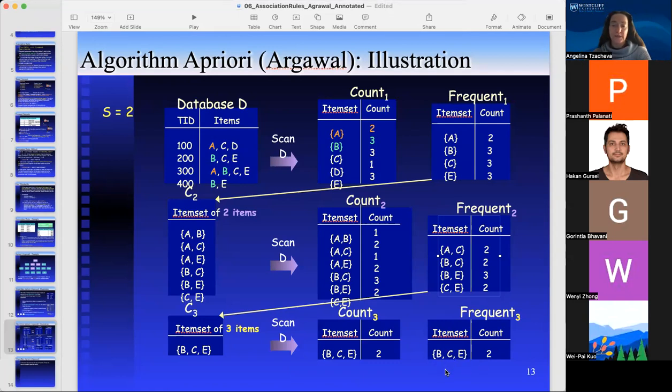If we had two sets or more, we would continue to combine them to generate four element sets. The algorithm would stop either when there is only one set left, or none of them. But like I said, the more elements they have, the less frequent they become, and eventually the algorithm stops.